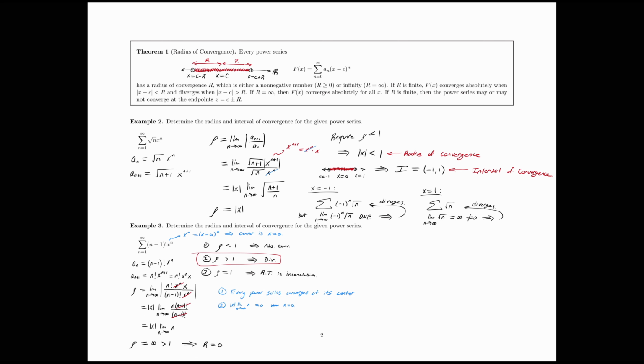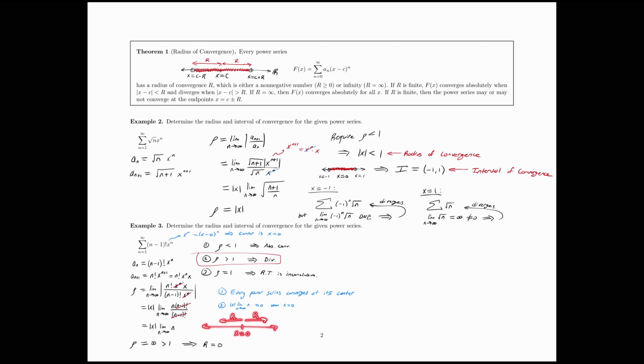This is saying that no matter what value of x you plug in other than the center, you will get rho equal to infinity, which means divergence. So think of a number line. Here's the center of our power series. If you move any distance away from the center, you get divergence.